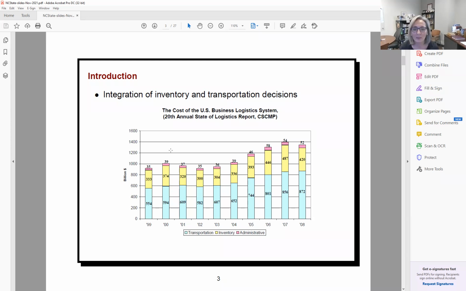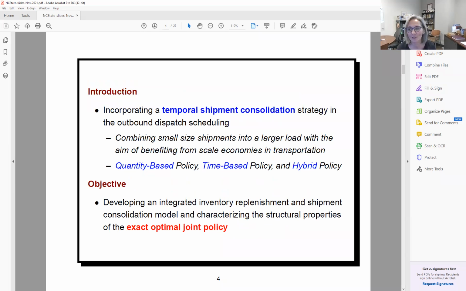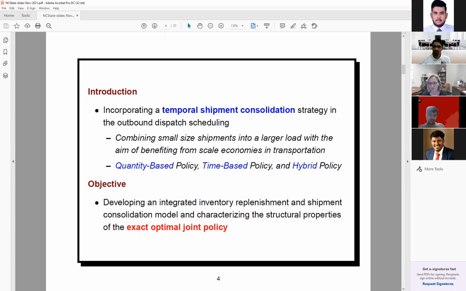And indeed, this is the focus of my talk today. When I refer to integration of inventory and transportation decisions, I will be placing particular emphasis on shipment consolidation practices and their impact on inventory decisions.